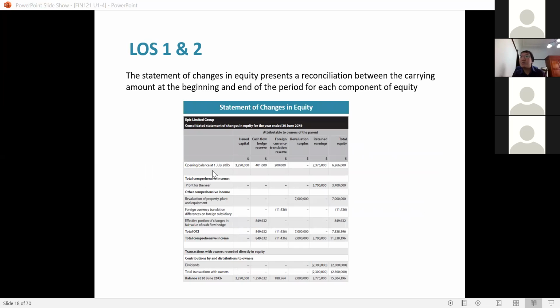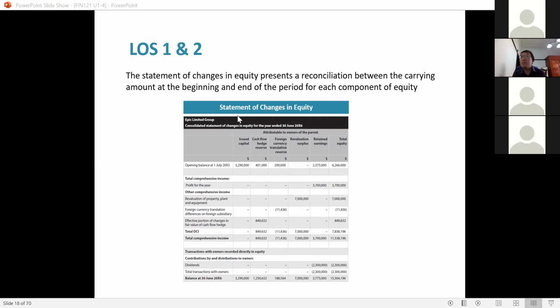Then we have the statement of changes in equity, which is the more straightforward statement. What it simply shows you is a breakdown of the components within the equity account, and it recognizes the changes in those sub-equity accounts.